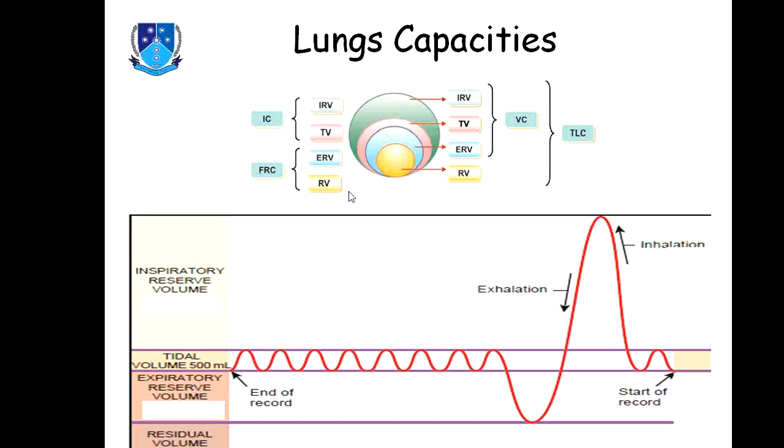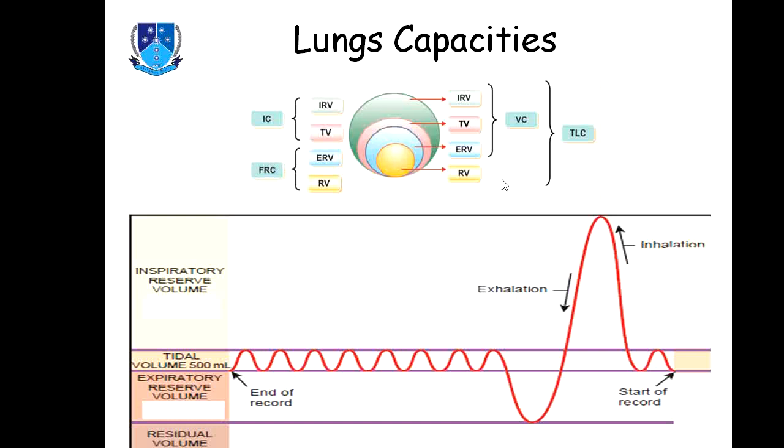How will you find out the value of this one? The residual volume is 1.2 liter and this is 1 liter. So 1 liter and 1.2 liter makes 2.2 liter. So the functional residual capacity is 2.2 liter.